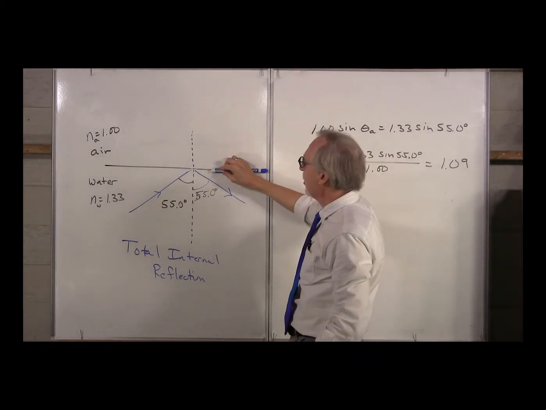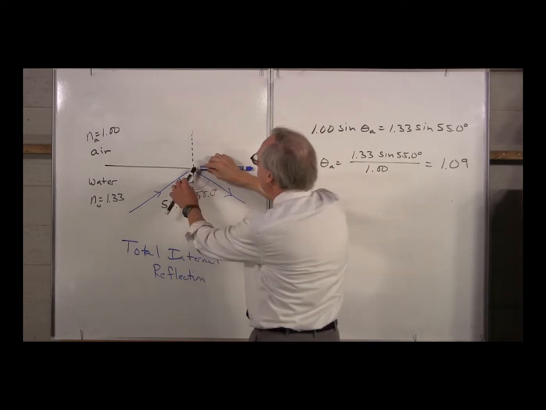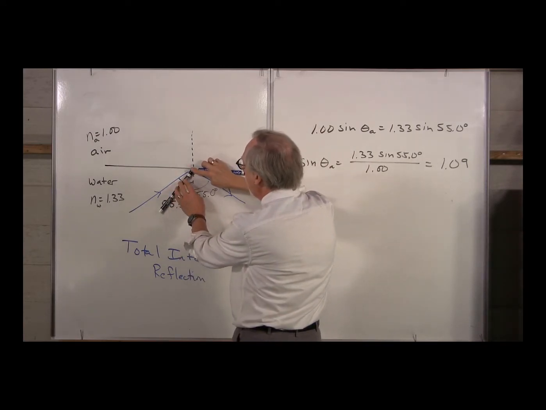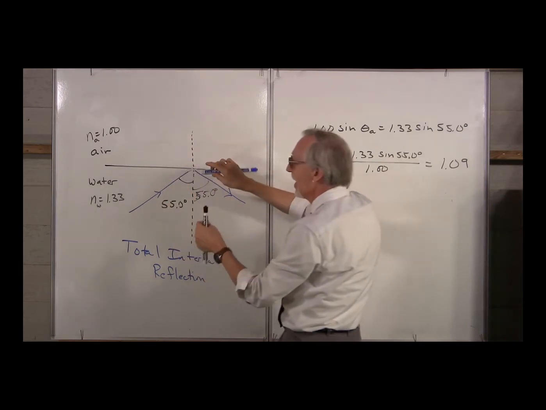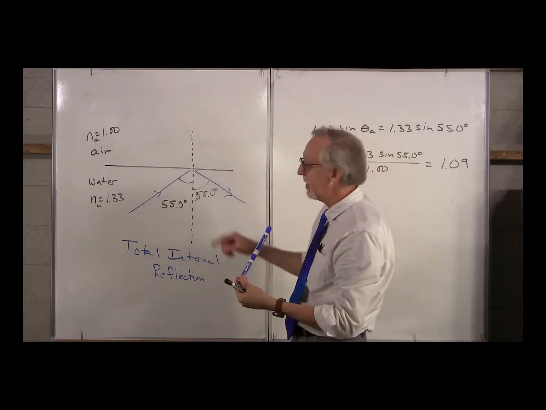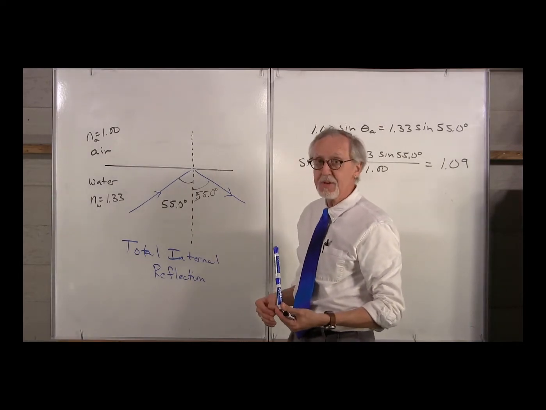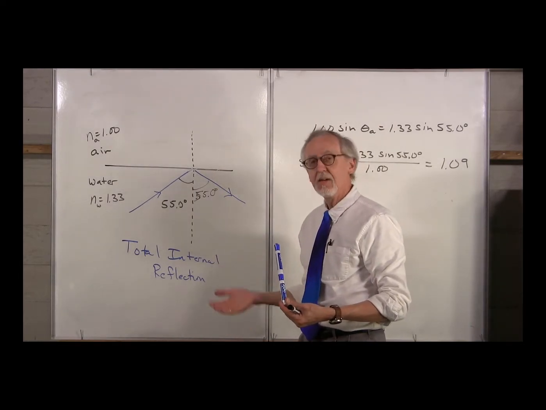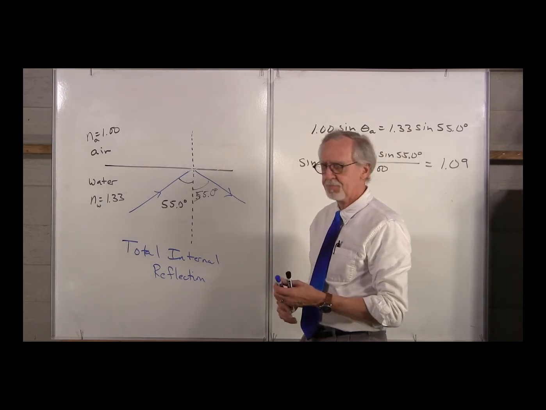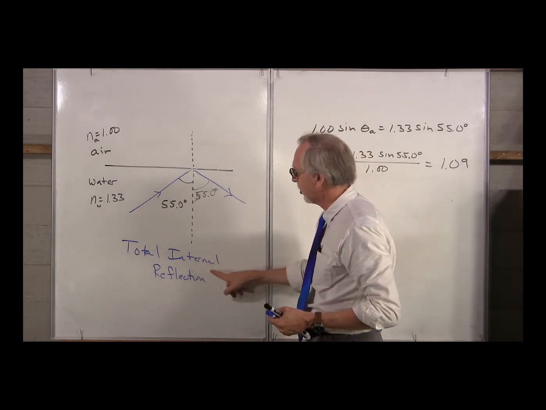In other words, the refracted angle is 90 degrees. What if we increase this angle more than that? Well, this angle cannot be more than 90 degrees and come out into the air. The only thing that can happen is it can reflect inside the material. That's why this is called internal reflection.